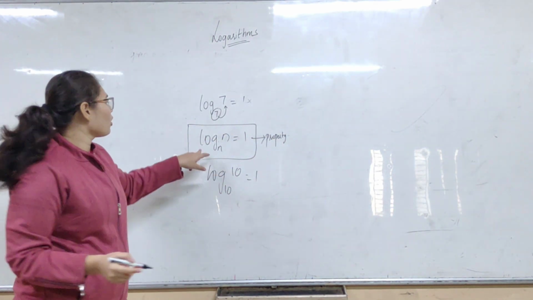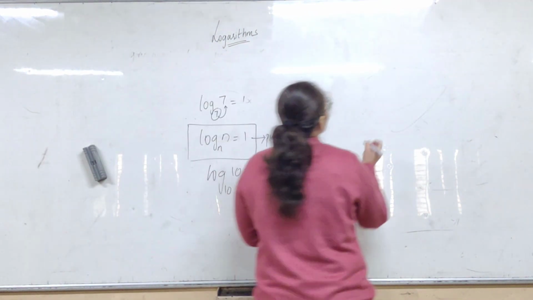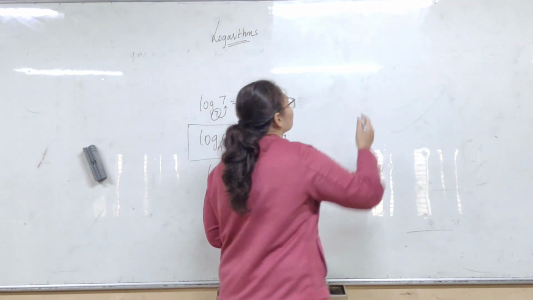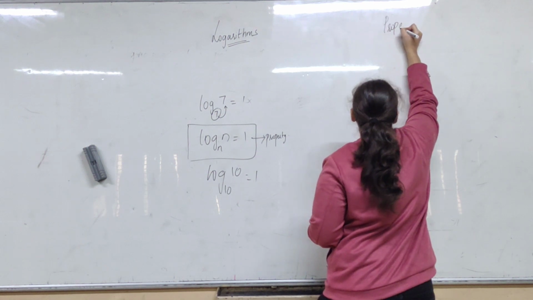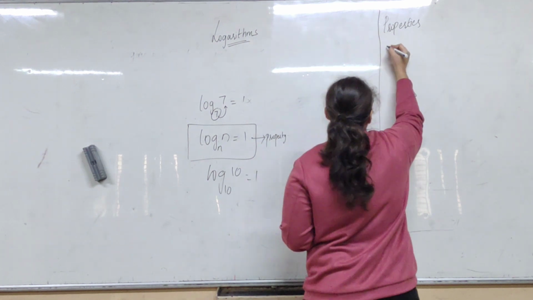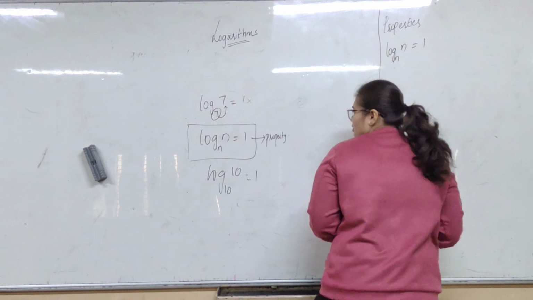So anytime log n to the base n is equals to 1. Right? So let's write the property at a side so that we can remember it. Properties. Log n to the base n is equals to 1. Right?